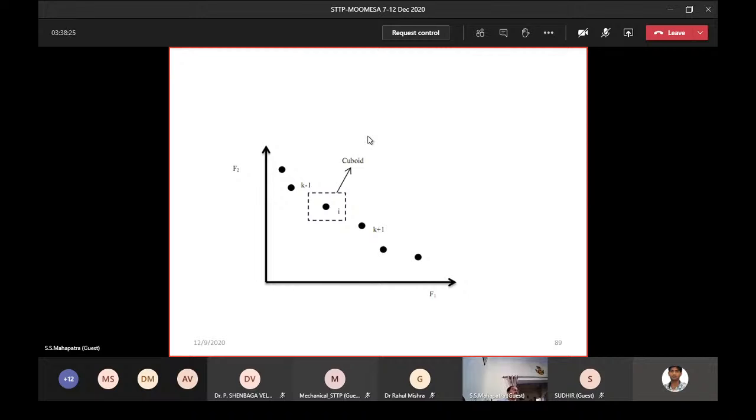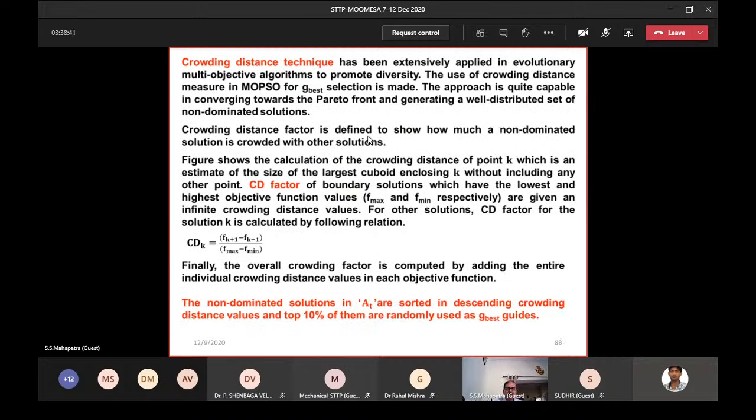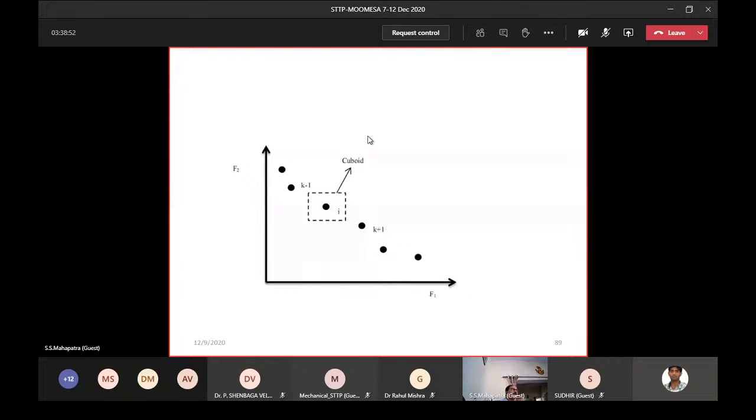And another thing, we arrange all the solutions in the external archive in descending order of the crowding distance. The crowding distance will give you the diversity existing among the solutions.